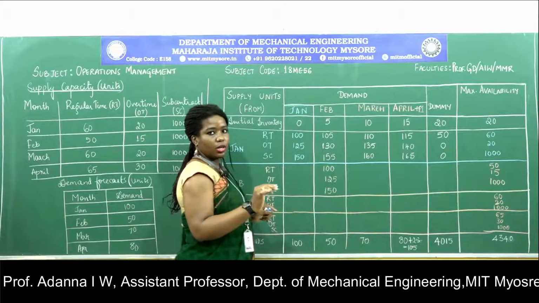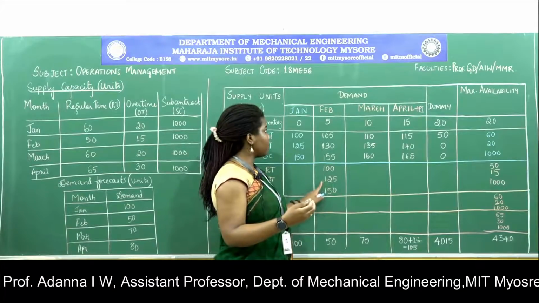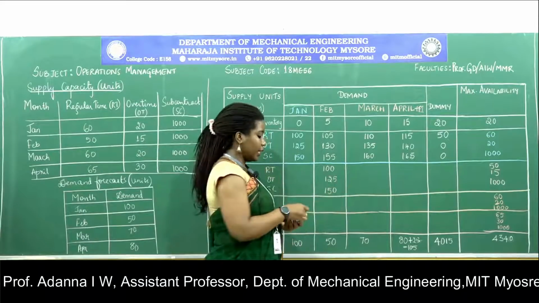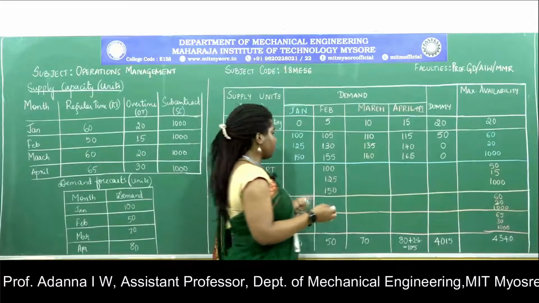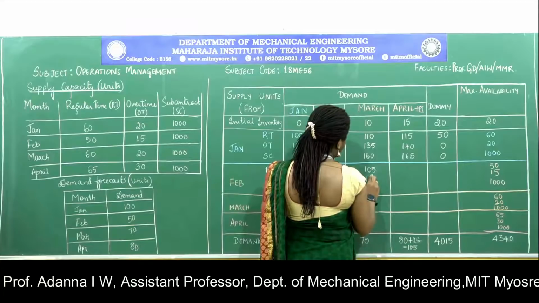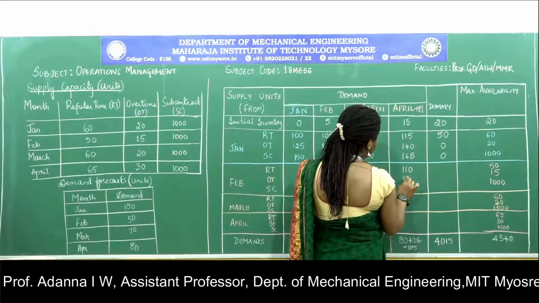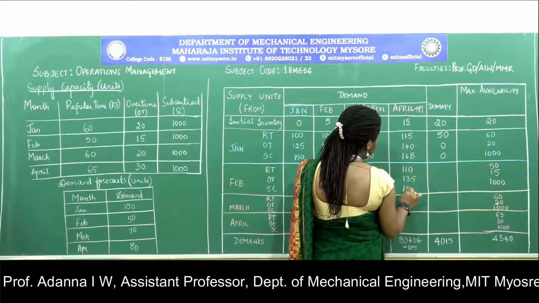If production is not completed or orders are not fulfilled in February and carried on to March, then an additional carrying cost of 5 rupees is added. So here it becomes 105, 130, 155, 110, 135, 160.